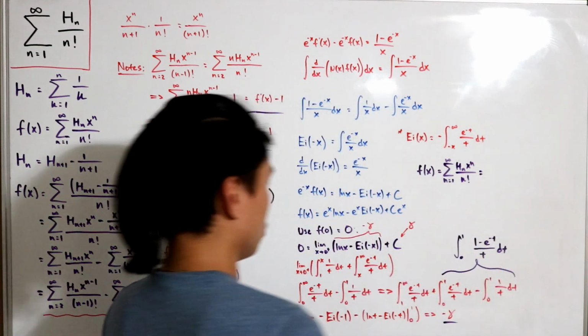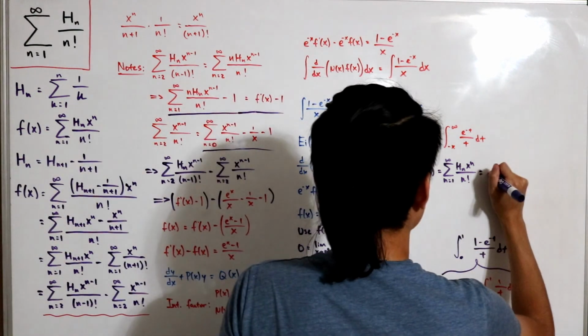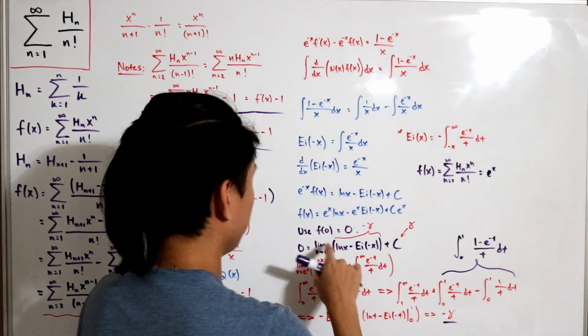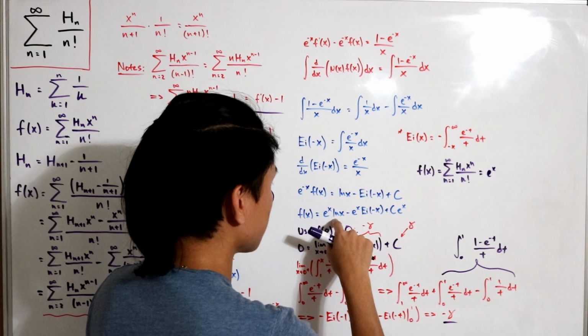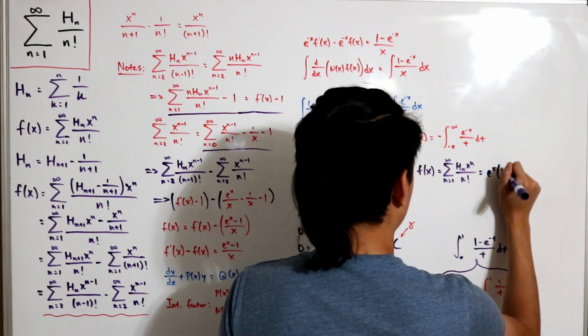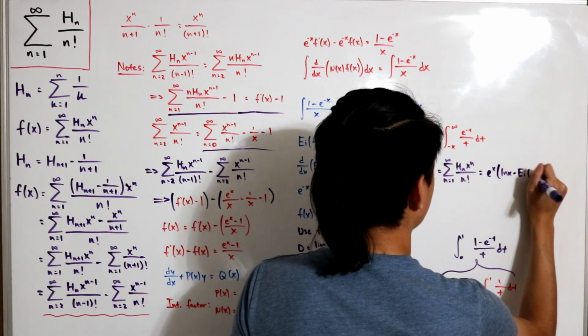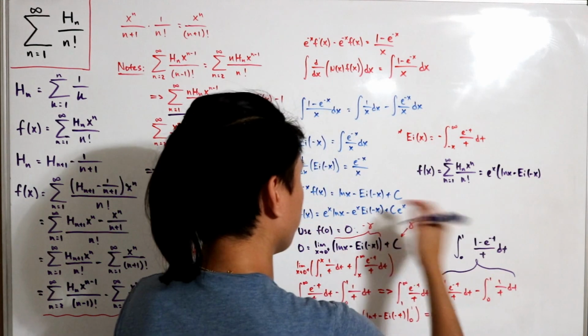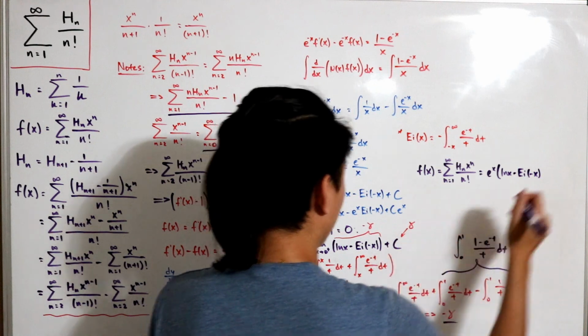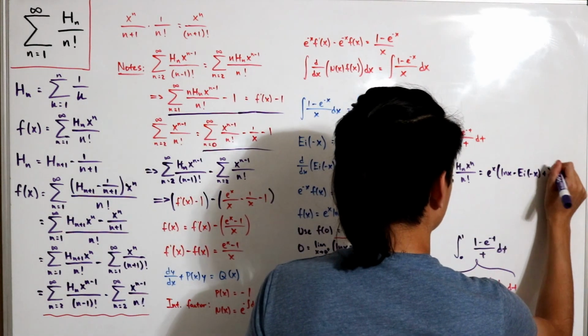That's just equal to, I can just factor out e to the x, and so we have the natural log of x, then subtract Ei of negative x, and then plus our Euler-Mascheroni constant, gamma.